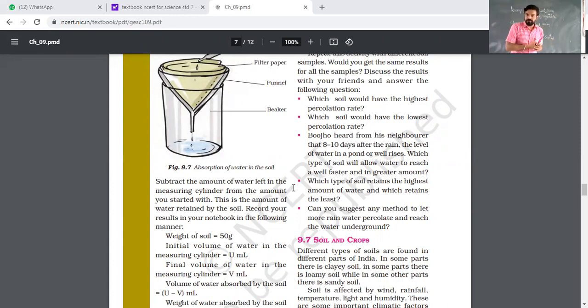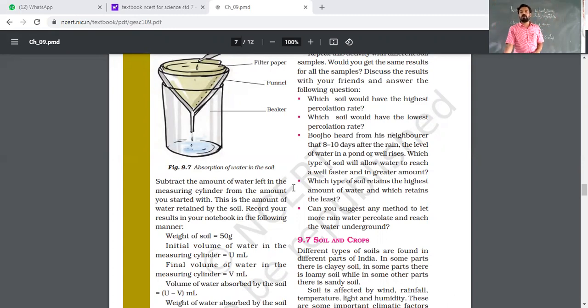You take the soil and put this soil in the filter paper and funnel, and take a beaker. Take some soil, now add some water, drop by drop, drop by drop. Don't put all the water inside, otherwise what is going to happen?